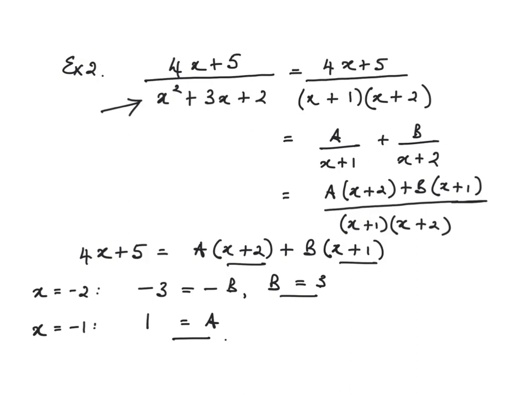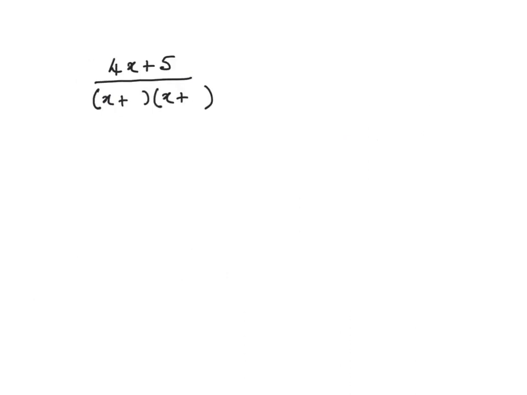I hope that makes sense. The first bracket gives me 1a. So we know that a has the value 1, it's going to be 1 over x plus 1 plus 3 over x plus 2.